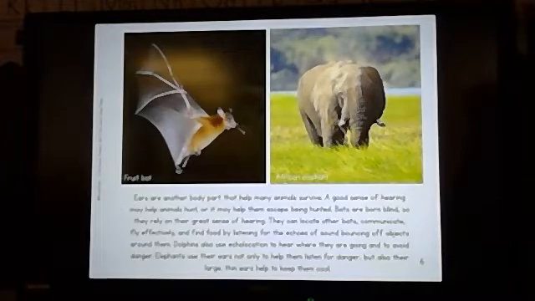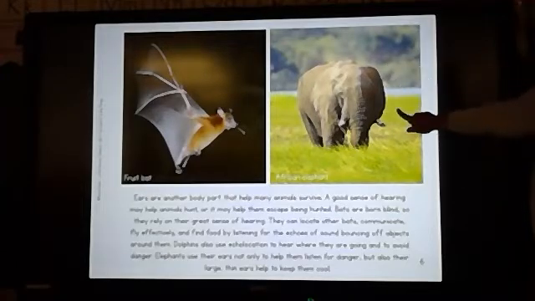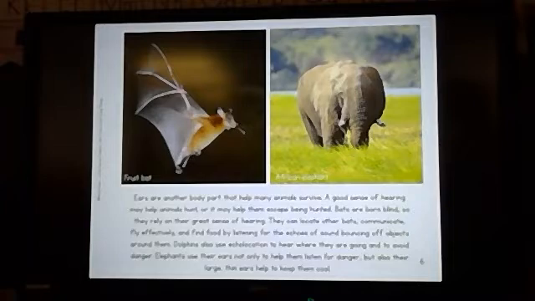Dolphins also use echolocation to hear where they are going and to avoid danger. Elephants use their ears not only to help them listen for danger, but also their large, thin ears help to keep them cool.